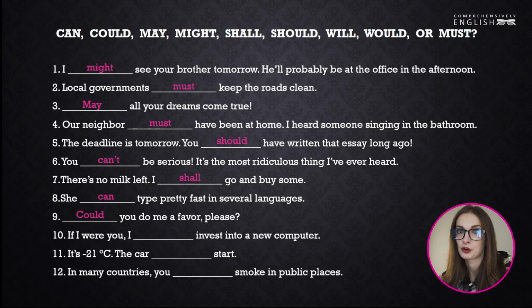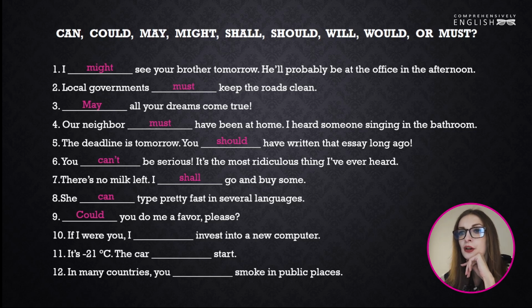Could you do me a favor, please? Okay, here we can use can, but this please in the end of the question makes it kind of polite, right? We want to be polite, and that's why could is better. Can you do me a favor? This is a question that you can address your friend with. Could you do me a favor is a politer version of it.